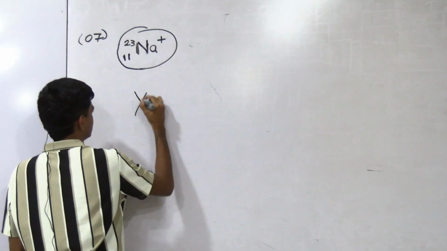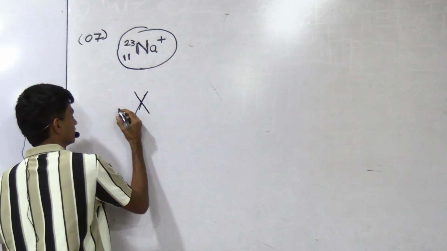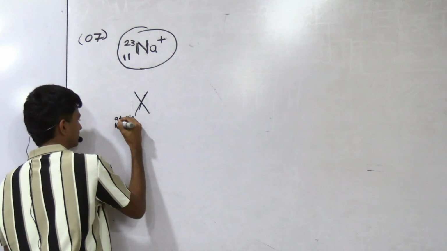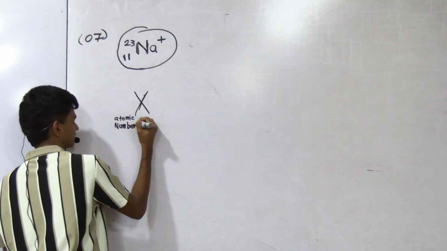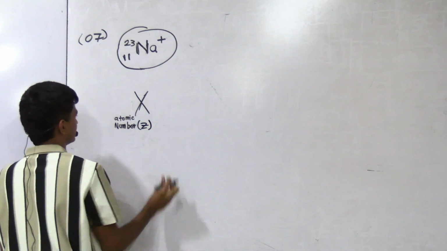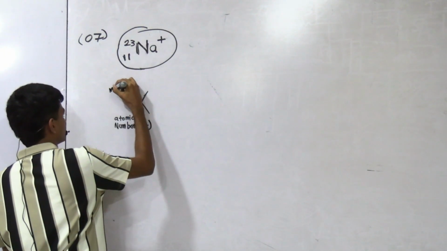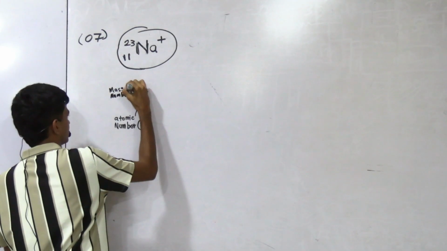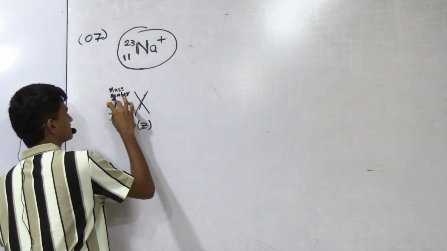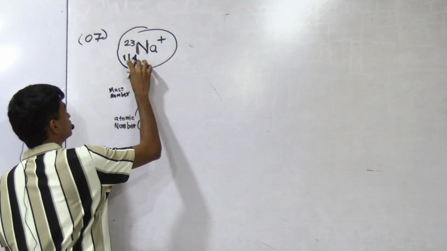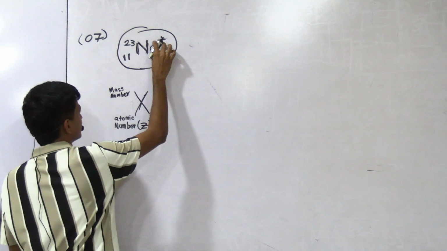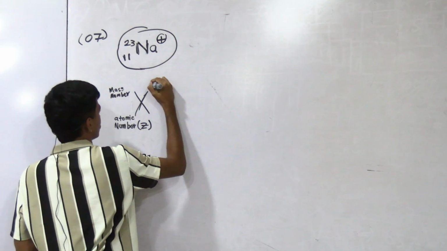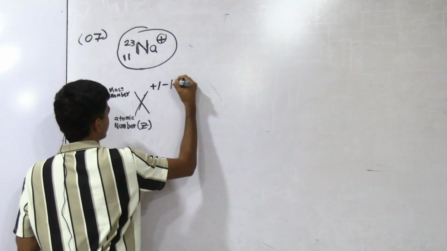If X is an element, we have a thing called atomic number, Z. Then we have mass number. This is how you denote mass number and atomic number according to IUPAC standards. This plus means it's an ion, so it can be either plus, minus, or it can be nothing.